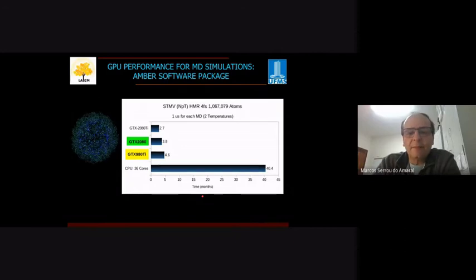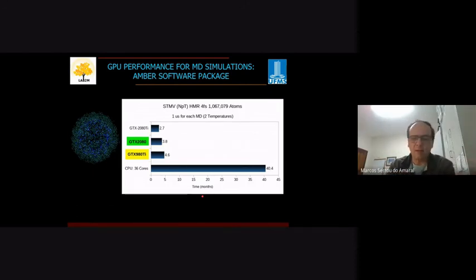Here in this graphic, I use a slightly different simulation. Suppose that I need to run a simulation of this virus for 1 microsecond, or 1000 nanoseconds, and I need to test 2 temperatures.